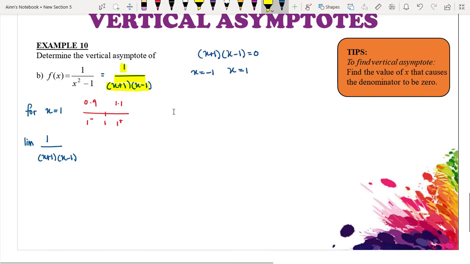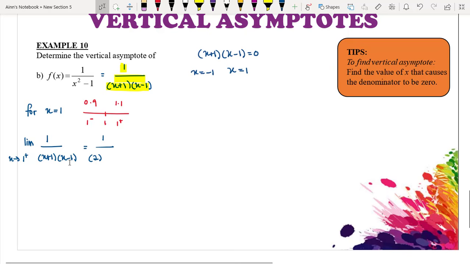So the limit as x approaches 1 from the right equals, okay, so for x plus 1, we can substitute the value of 1. 1 plus 1, we get 2. So 1 over 2. And for x minus 1, if we substitute the value of 1, we get 0. 1 minus 1 is 0.